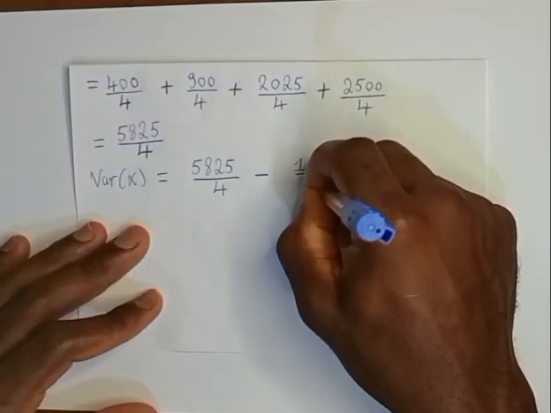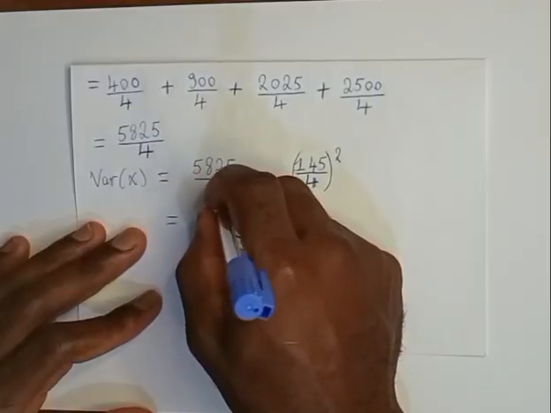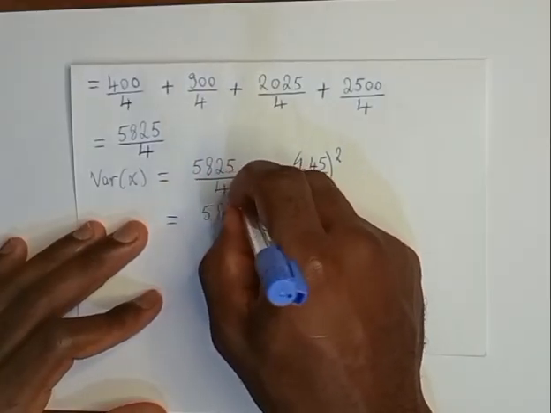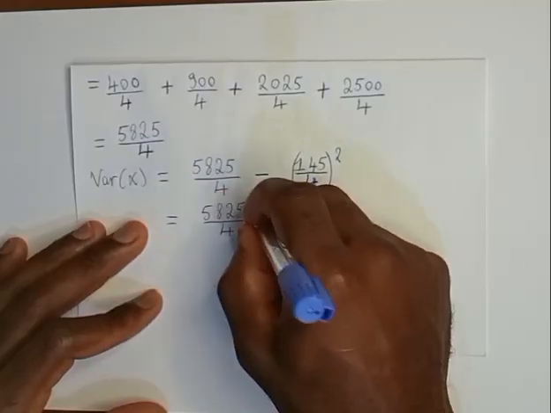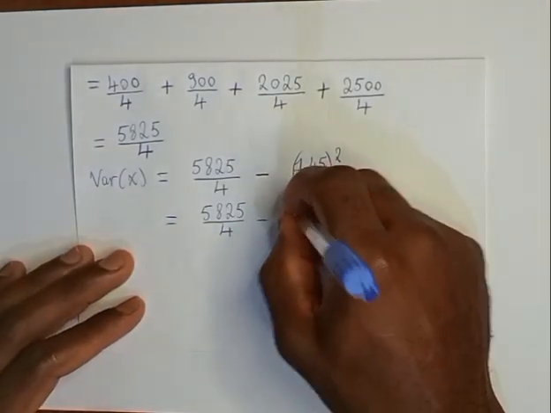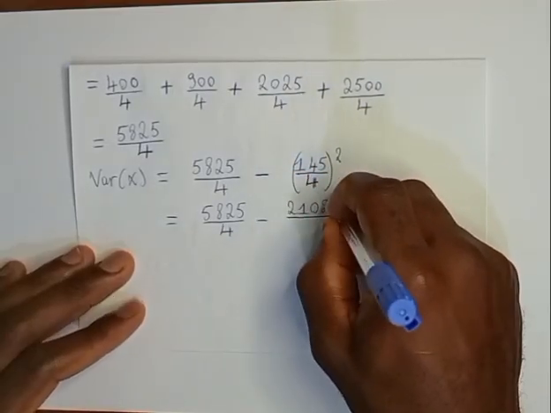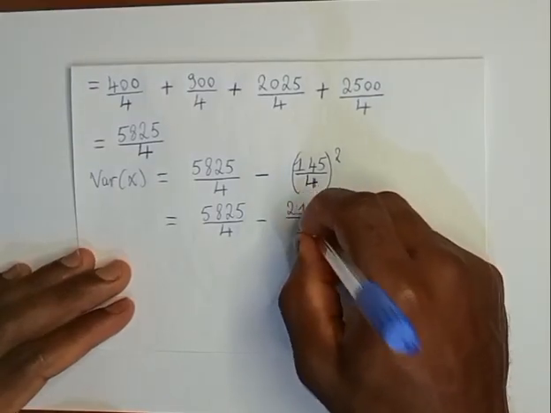We are going to square this fraction. This will simply be equal to 5825 over 4 minus 145 squared, which gives us 21,025, all over 4 squared, which is 16.